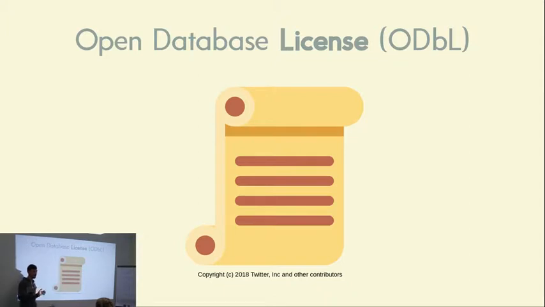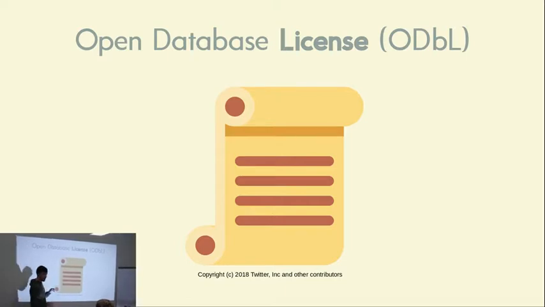But one important thing is you're not allowed to mix it with closed data. So for example, a big map provider is not allowed to take OpenStreetMap and just include it in their own data. If a big map provider says, okay, we want to have OpenStreetMap, then they have to open all of their data as well, otherwise it's not allowed.